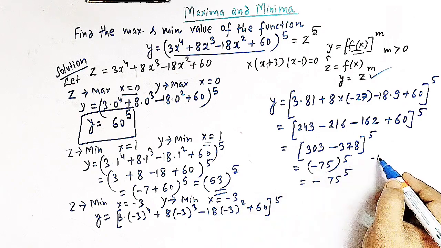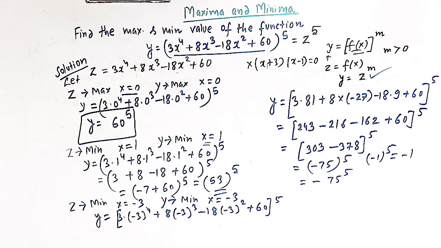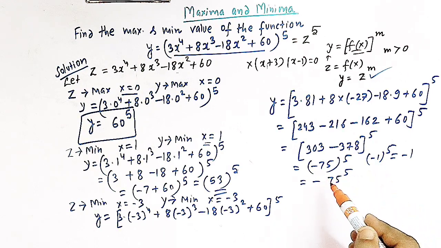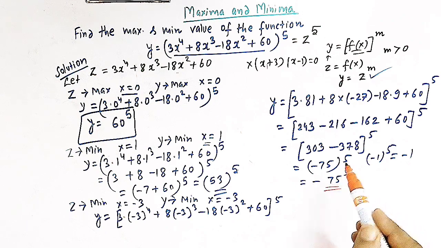Because here (-1) raised to 5 is -1. So the minimum value of y is given by (-75) raised to 5, right?